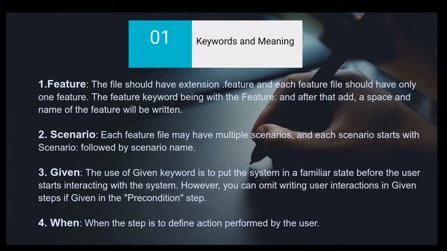So we will first see what keywords we have to use in BDD when we use Gherkin to write the test cases, and what their meanings are. The keywords I am showing you are common in the automation framework, the BDD framework, and we can use them in our manual test cases. There are also a couple more keywords which we are not using in manual, because those are quite specific to the automation framework.